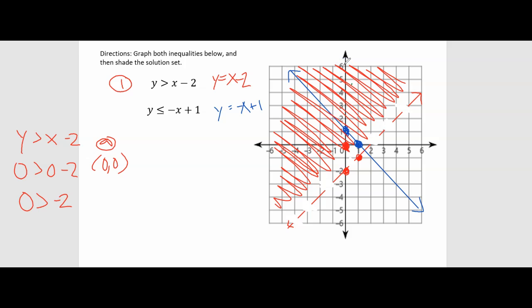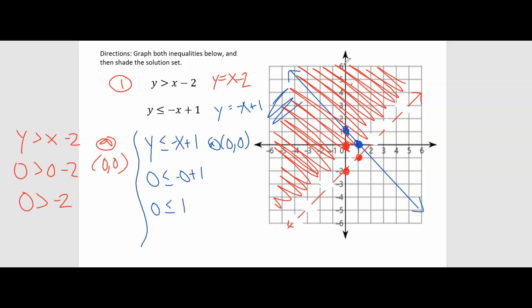Now if I test blue, I get 0 is less than or equal to 1, which is true. So I'm going to shade that side of the blue boundary line.